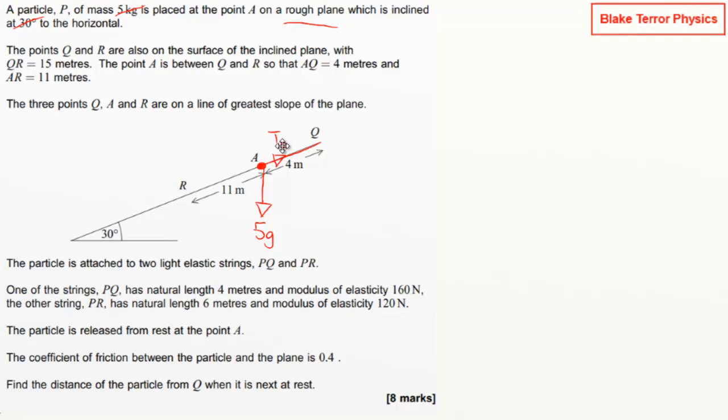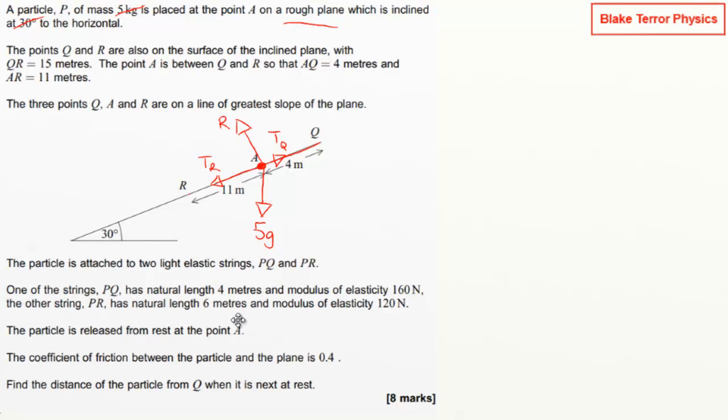So we call that TQ because it's going up to Q. We've got another one going down to R. So we've got a tension going down towards R. So we call that TR. We've got our normal reaction force on there, which we're going to need because we've got friction involved in things.